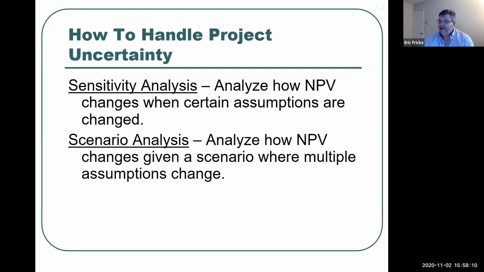And then in scenario analysis, we're going to recalculate the NPV again, but this time we allow multiple things to change all at the same time. Usually this is related to some event. For example, let's say we're going to open up a Domino's pizza franchise.